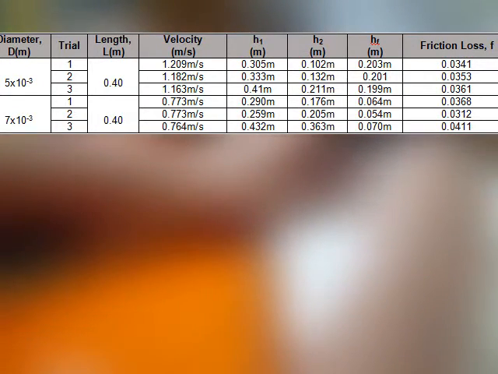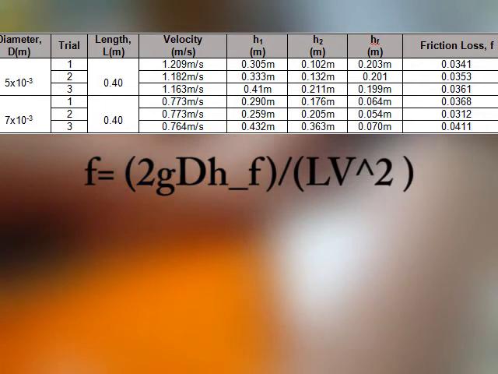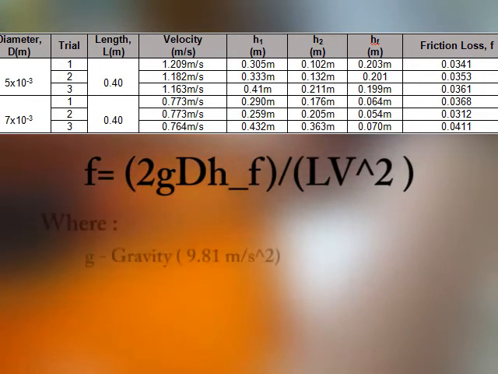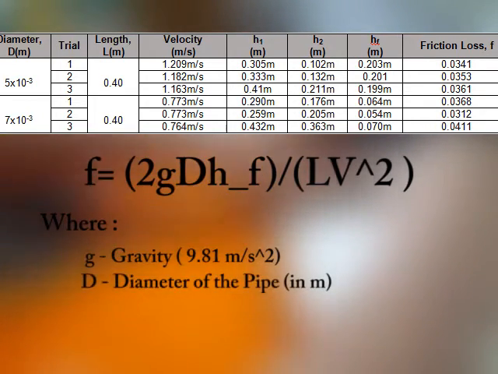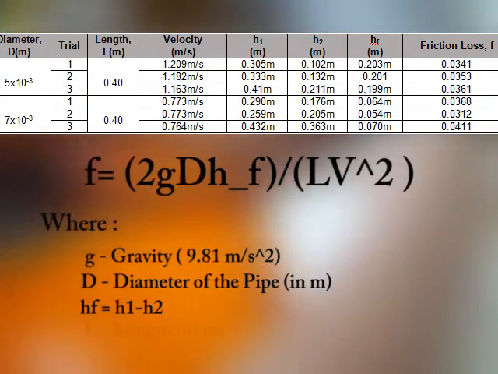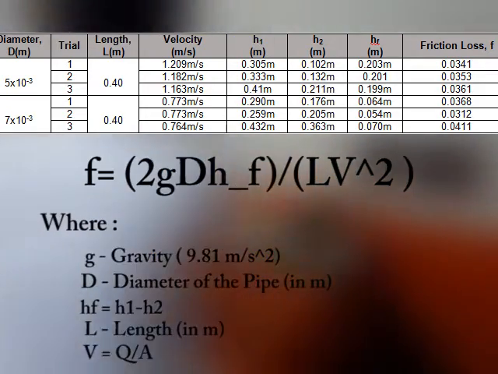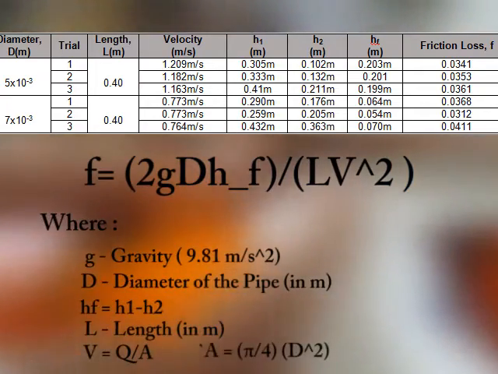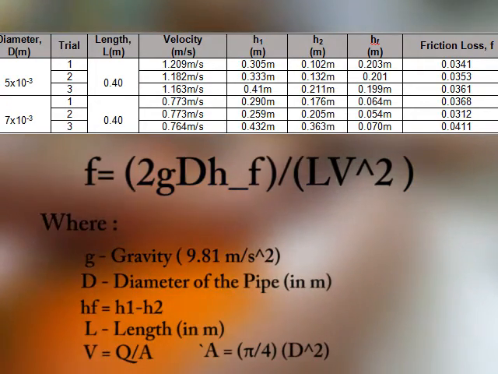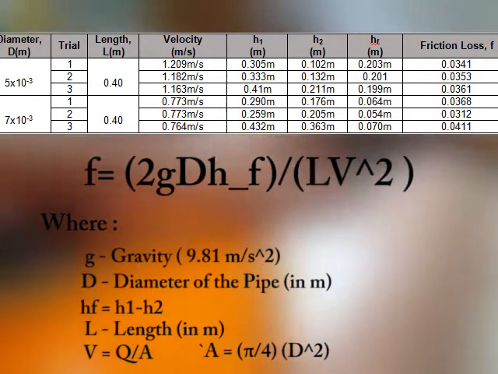The frictional loss is taken using the formula f equals 2gDhf over LV squared, where g is the gravity of 9.81 meters per second squared, D is the diameter of the pipe in meters, hf is the difference of the two pressure heads, L is the length of the pipe, and V is the velocity taken using the formula V equals Q over A, where A is the area obtained using the formula A equals pi over 4 multiplied by the diameter squared.